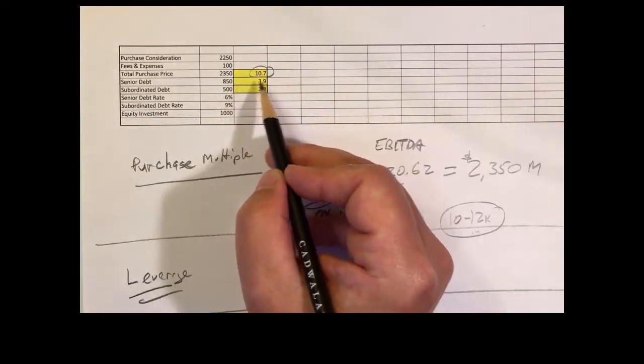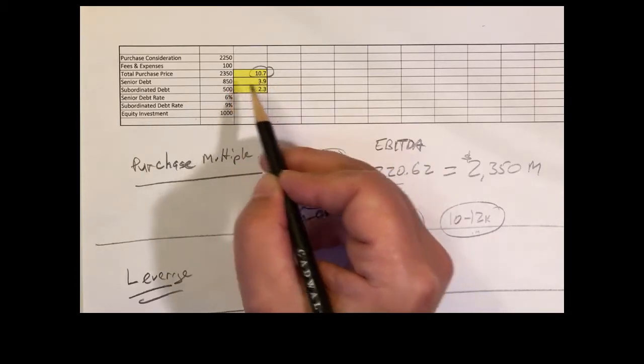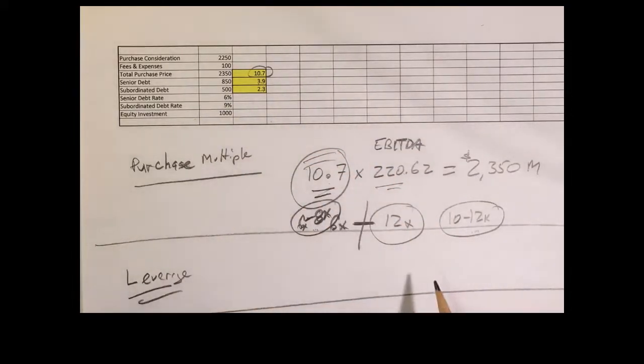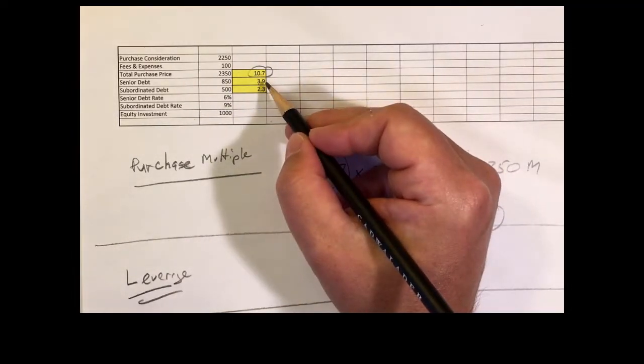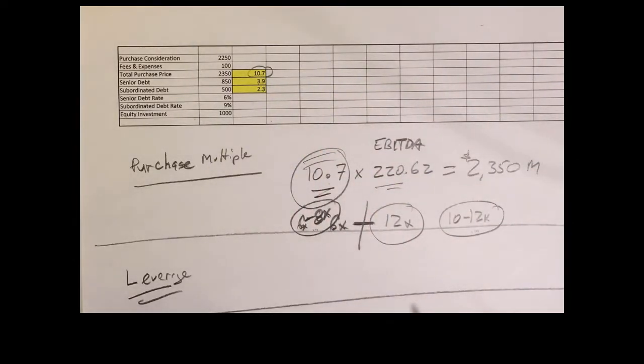So in this case, we are borrowing about 4 times EBITDA from the bank and a little over 2 times EBITDA from the sub-debt lenders, and have a total leverage ratio of about 6.2, right? That's a little high, I would say. But why is that important?